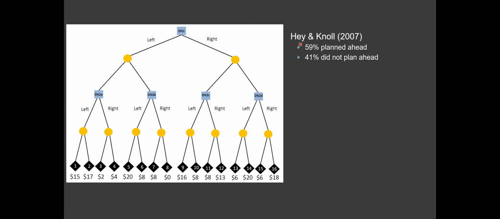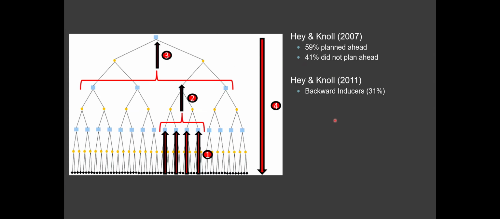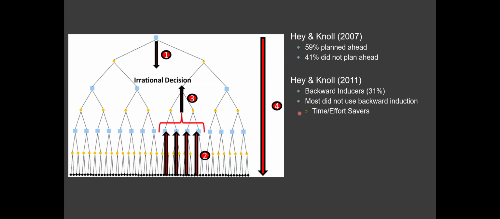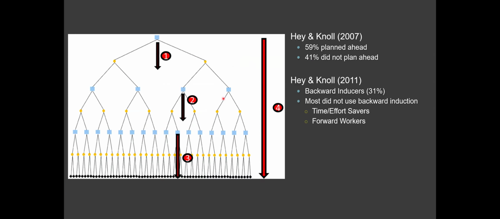They find that, for example, around 60% of people are planning ahead and the remaining people are not. Or in an experiment where they have three layers of decision nodes, they find that some people are using backward induction. Some people make one irrational decision, then backward induce from there, whereas other people are just barreling forward, ignoring the future decisions that they'll be making.